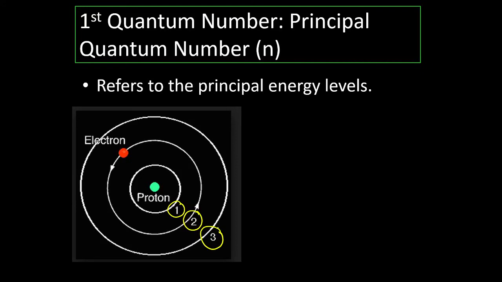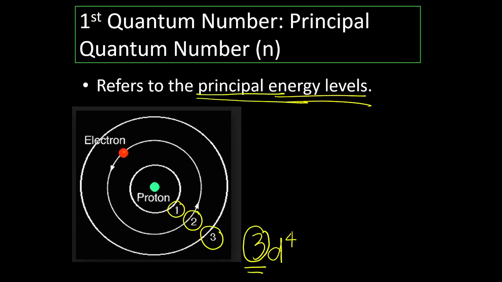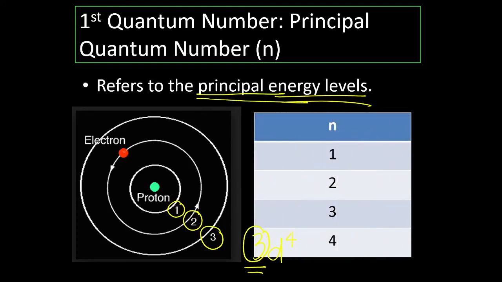If ang last nga na-fill up nato, for example, 3d4, pila may energy level ana? Kining number nga ga-una, mao ni gitawag nato og energy level. Nya ang pinaka-last nga na-fill up, mao ni gitawag nato og principal energy level. So take note, these are the energy levels nato.